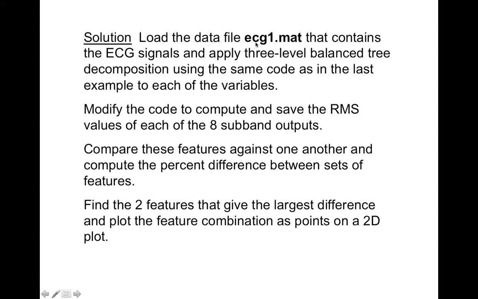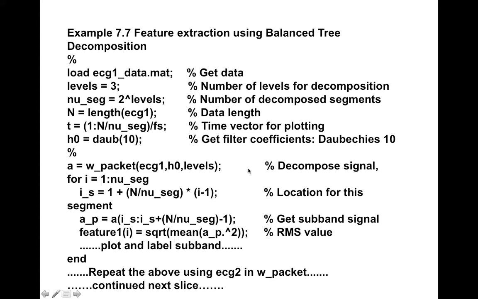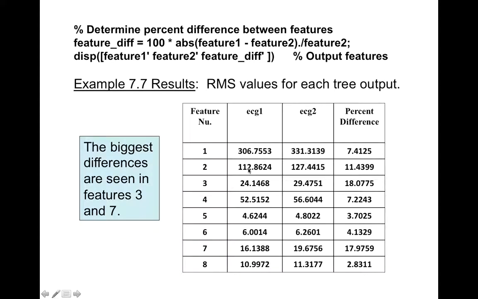So here's the data that the author provides. Here is the wavelet decomposition algorithm. And here are the RMS values for the different levels. So you can see that for a lot of the levels, the RMS values look fairly similar, but the biggest percent difference is seen in features 3 and 7.